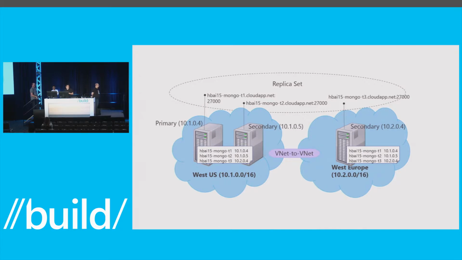So this is the architecture we came up with. Basically, we set up two virtual networks, one in West US, one in West Europe. And they are connected through a service called virtual network to virtual network connection. We have this gateway that you can use to bridge different virtual networks. And if you didn't notice, we just announced a new tier of this gateway that provides much more throughput than before.